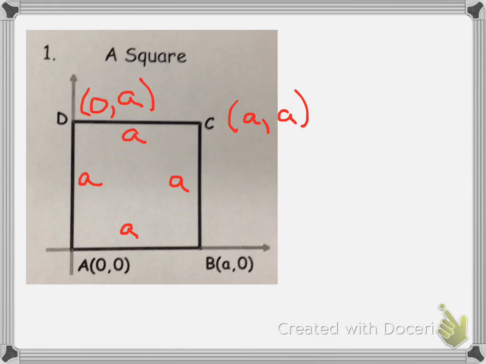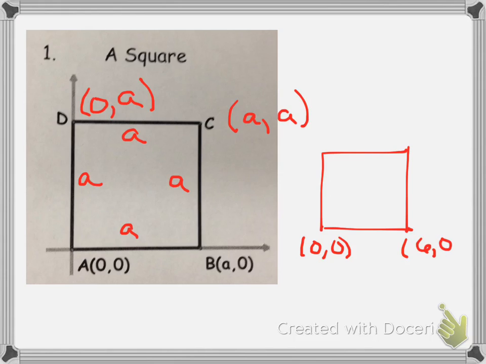You could check this by getting any square. If you drew a square that started at, let's say, 0, 0, and the next coordinate was 6, 0, then if you followed the proof, the first one was 0, 0, the second one was 6, 0.